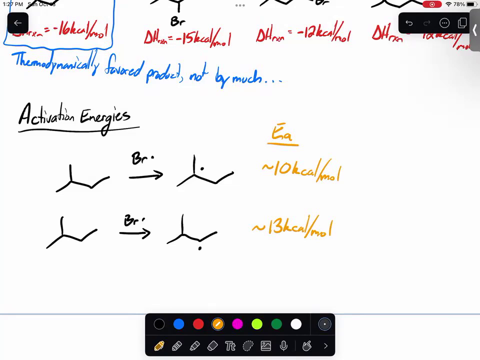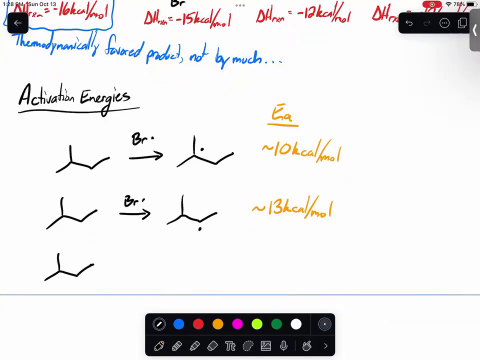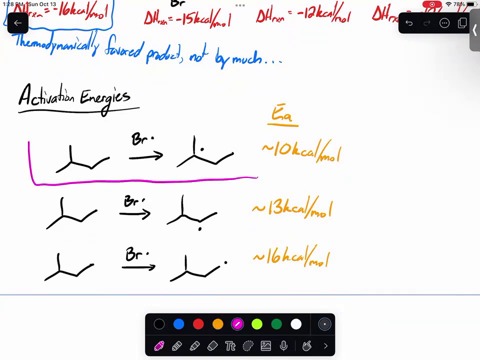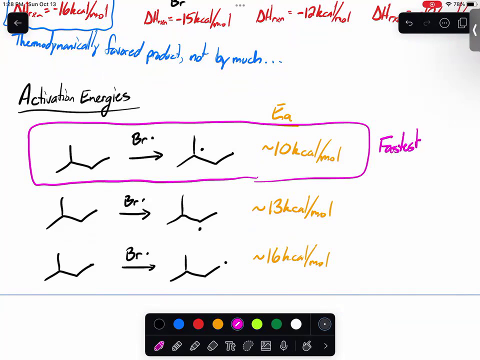But what about the primary position? This is true for all of them, but I'm only going to show this one. Essentially, it follows the same trend, where its activation energy is about 16 kilocalories per mole. So clearly, the reaction up top here is the fastest radical halogenation for this molecule.